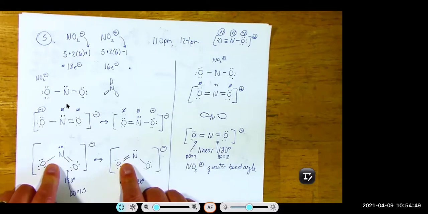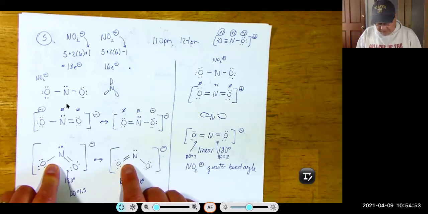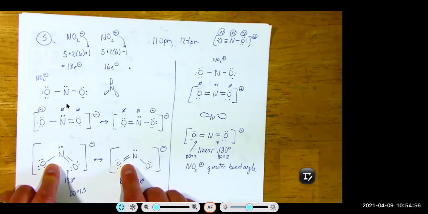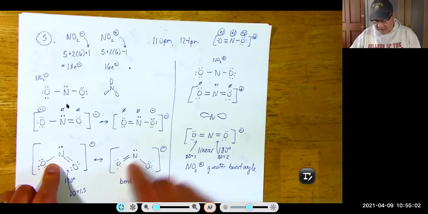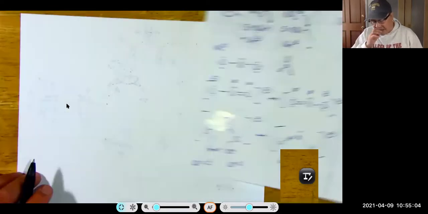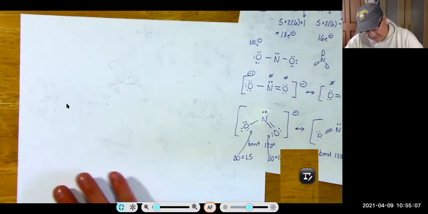How many bonds there? 2. What's 1 plus 2? Oh, okay, I see what you're doing. That's the way you're supposed to do it. Let me show you what our book does, and I really don't like it.